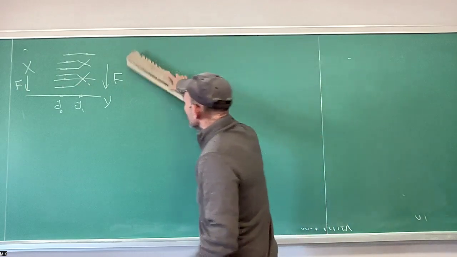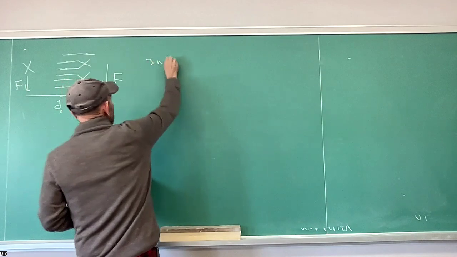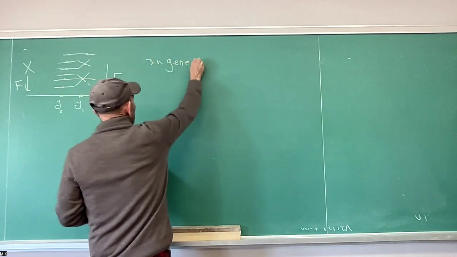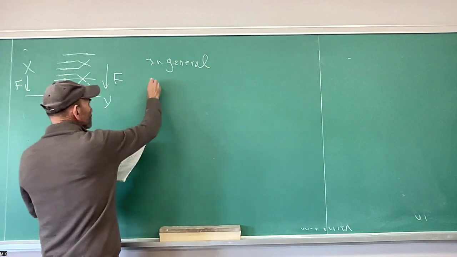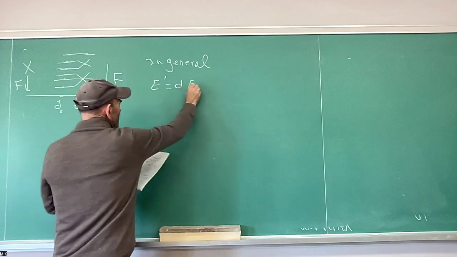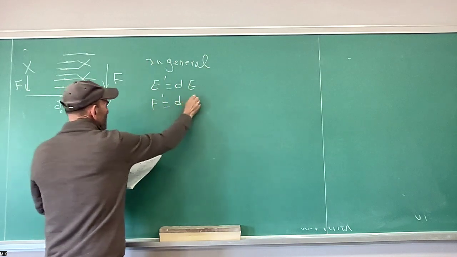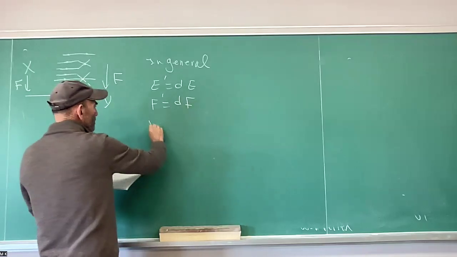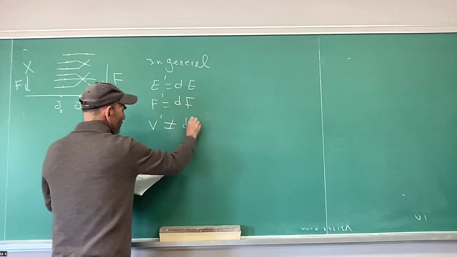So now, if you look at this picture, then you can just say in general, we can just write E prime equal to dE, F prime is equal to dF, but V prime is different from dV.